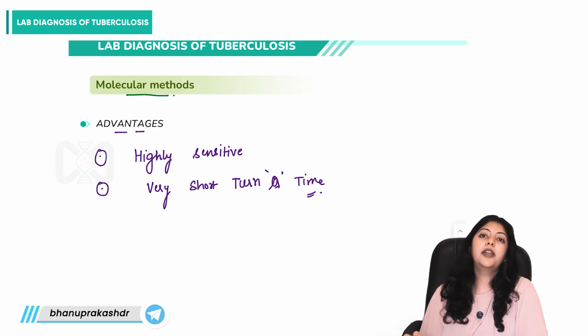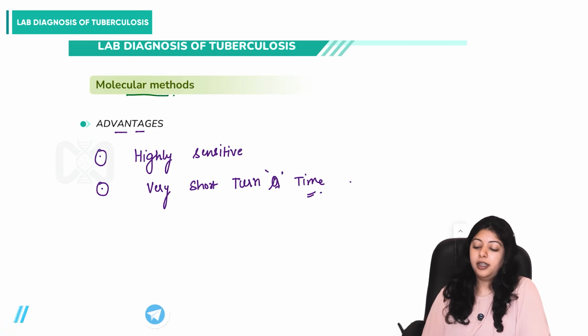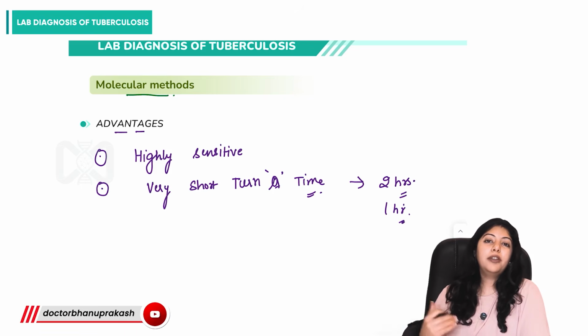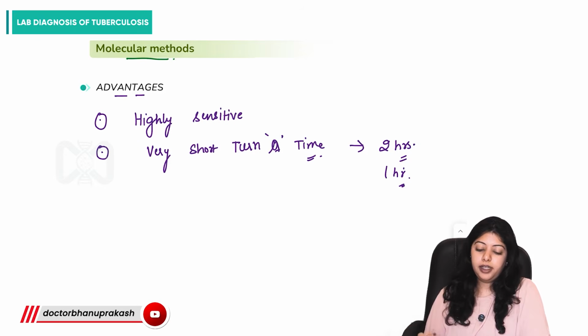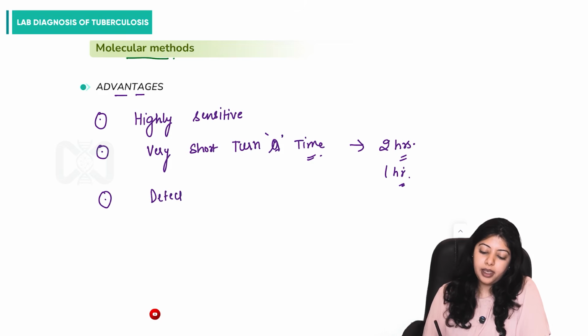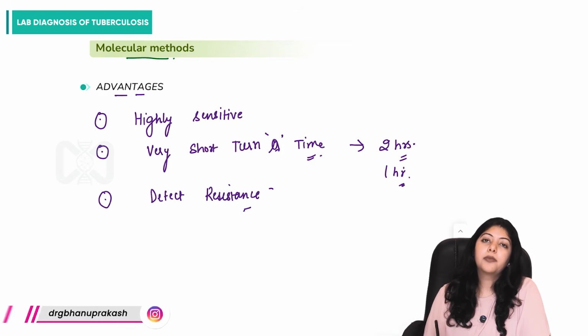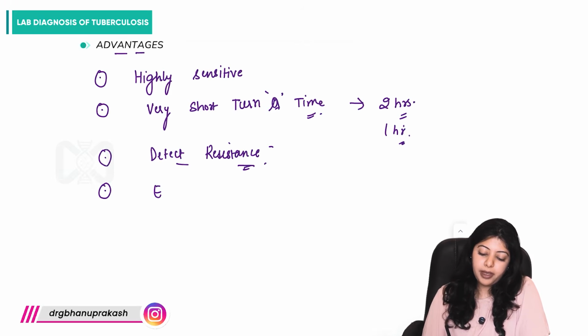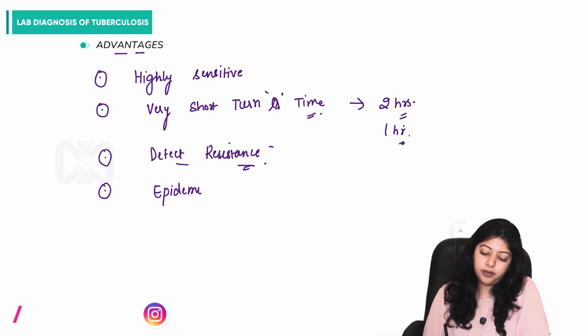That means you can get results within a few hours, 2 hours. Some machines have a turnaround time of 1 hour. So you get very quick results, right? With the help of molecular methods, you are easily able to detect any resistance. Along with resistance, these are also used for epidemiological purposes as well.